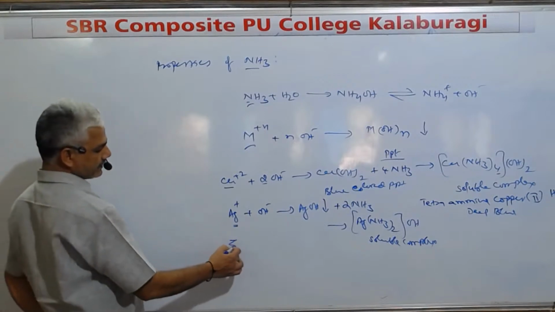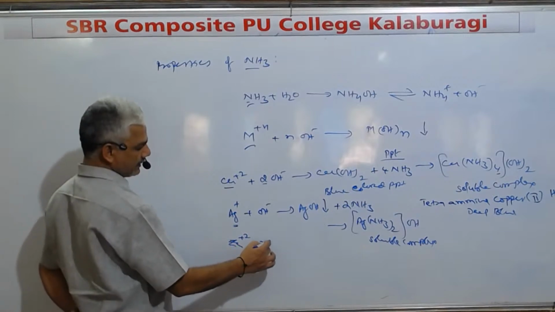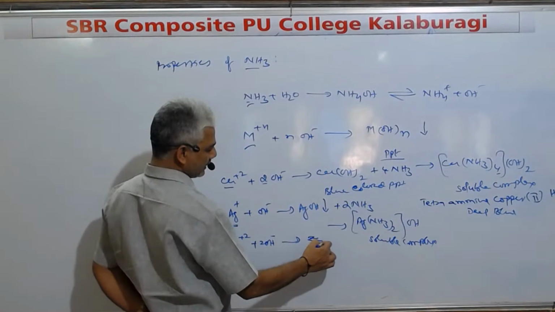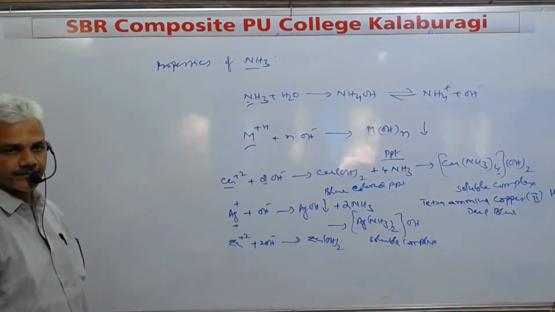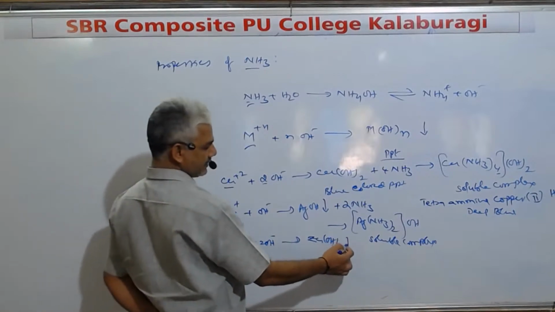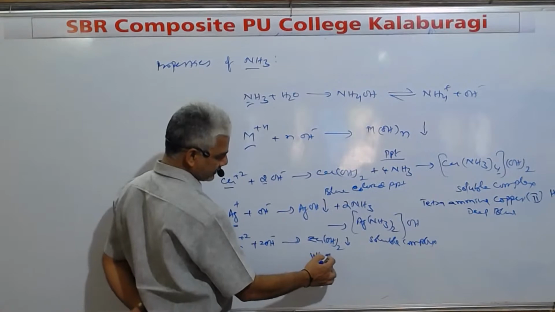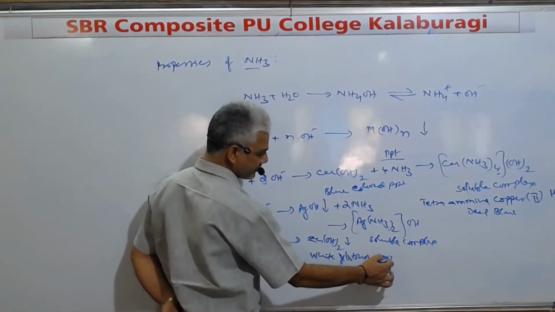Similarly, zinc ions will take 2 moles of OH minus ions and initially form zinc hydroxide. What is the color of zinc hydroxide? It will appear as a white gelatinous precipitate.